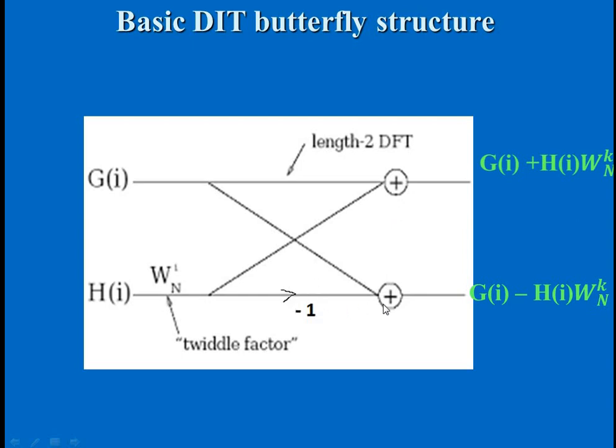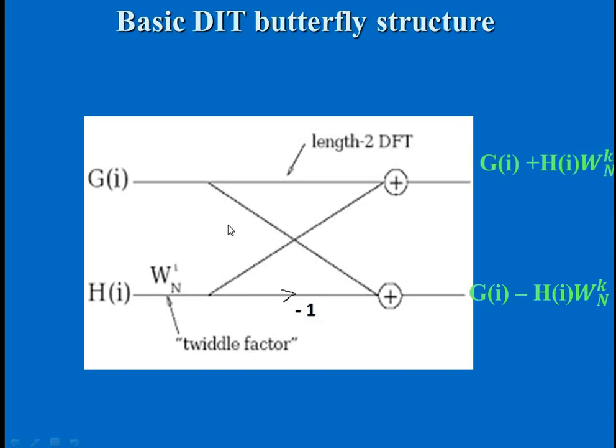If we are not going to change the summer block, what we have to do is make some changes in the middle. Here we multiply this thing by -1 in order to get equation number 4. So this is the basic butterfly structure. In the upper leg we have +1, in the lower leg we have -1, and for the rest we just have additions.